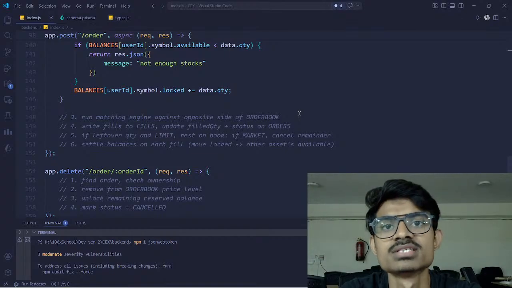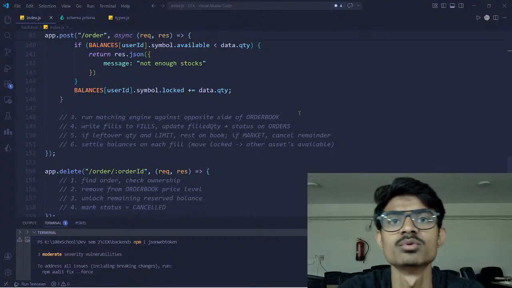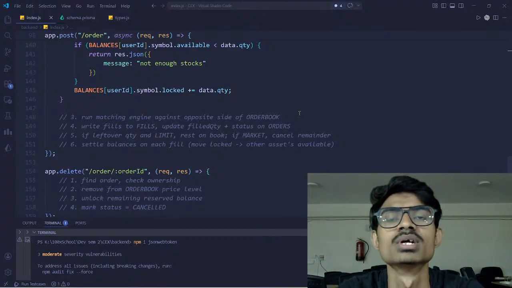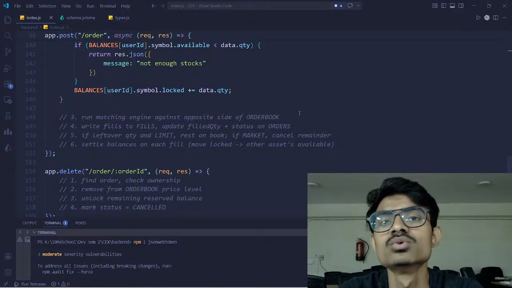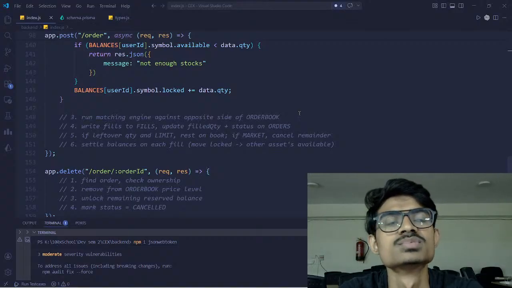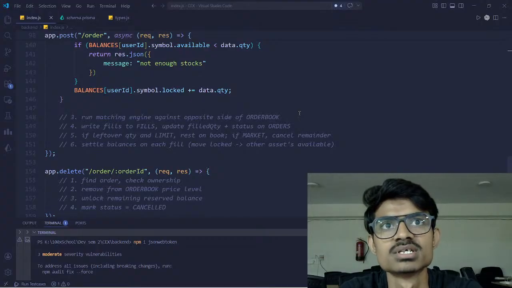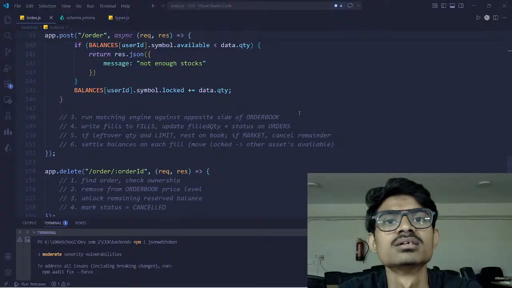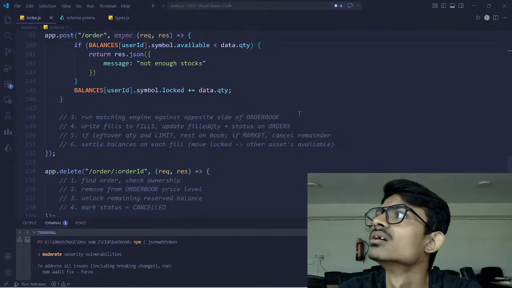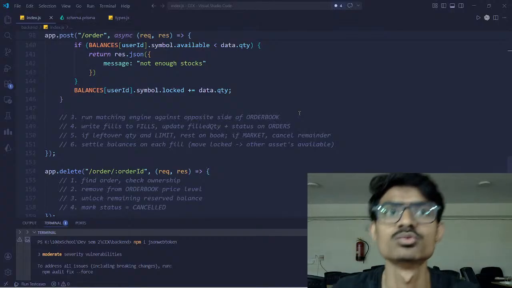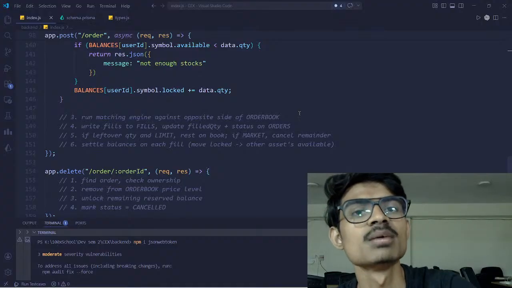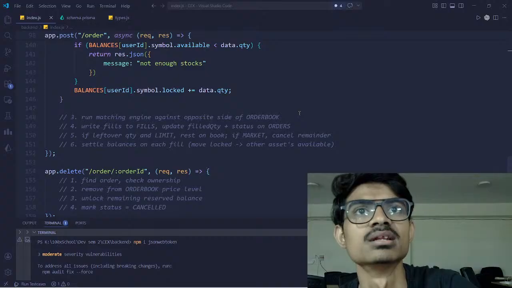If someone is selling for 60 rupees and I'm willing to buy at 65 rupees, then I'll get the stocks for 60 rupees, and my 5 rupees would be saved, because he came after and I'm sitting here, so I would get the better deal.